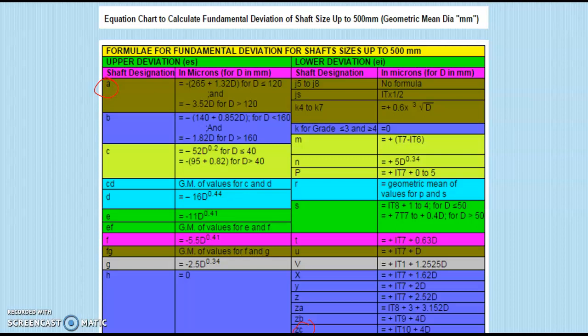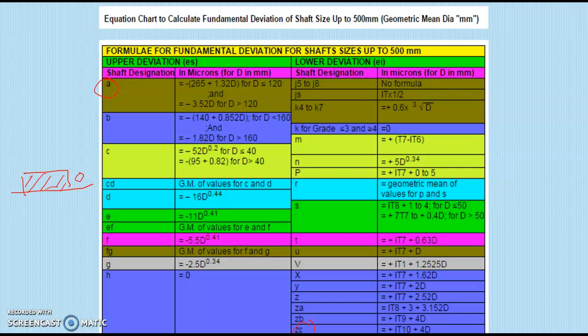So only one hole is used, that is the capital H. We don't need to determine the fundamental deviation of capital H because it is resting on the zero line. So the fundamental deviation of the hole in the hole basis system is 0 only. We only need to determine the fundamental deviations of the shafts for different fits, whether a clearance fit, a transition fit or an interference fit.